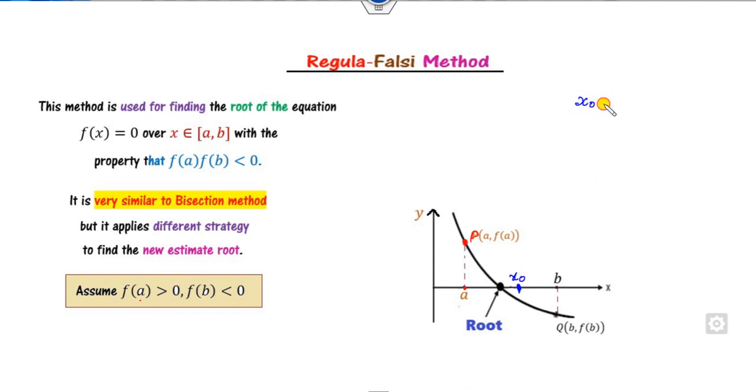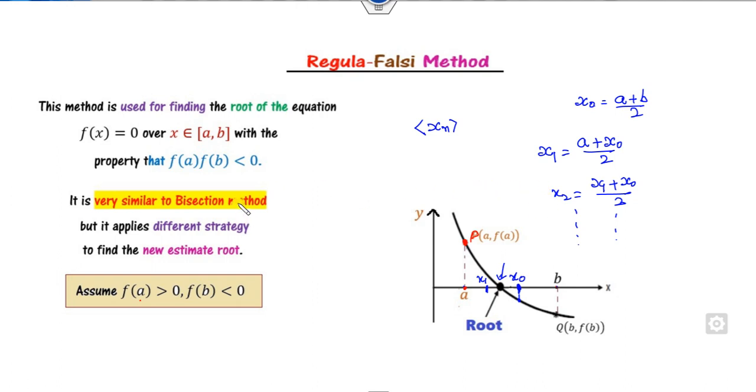Then look at the value, and again take the midpoint of a and x0, which I call x1, then the midpoint of x1 and x0, and so on. So you create a sequence x0, x1, and so on, until you get the required root up to the desired accuracy.